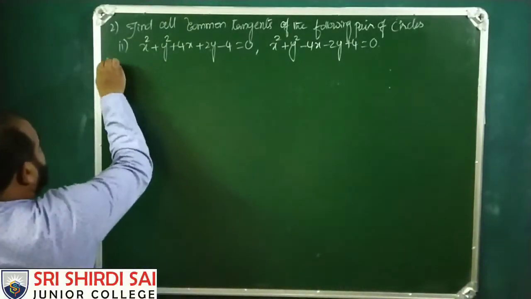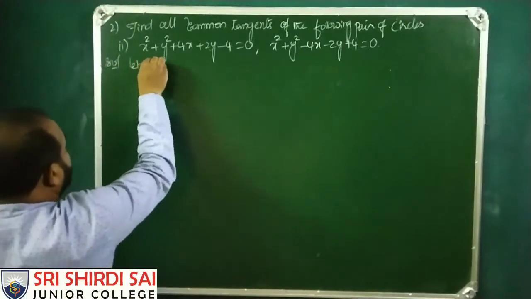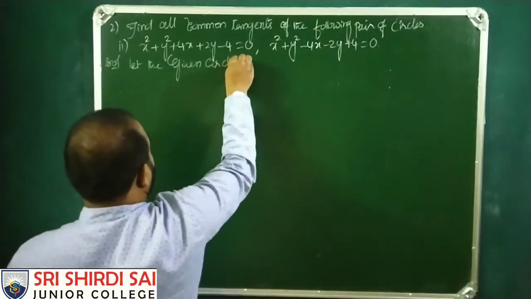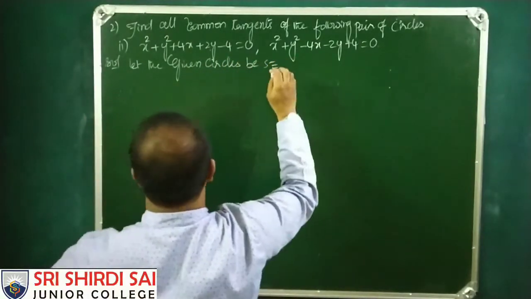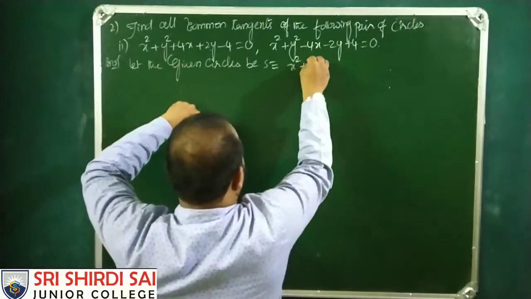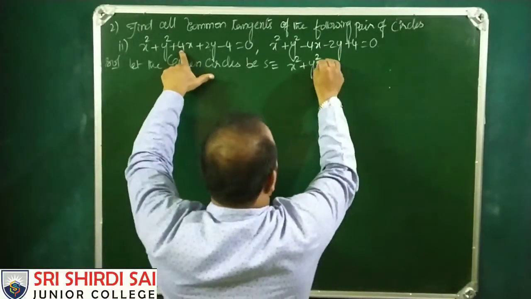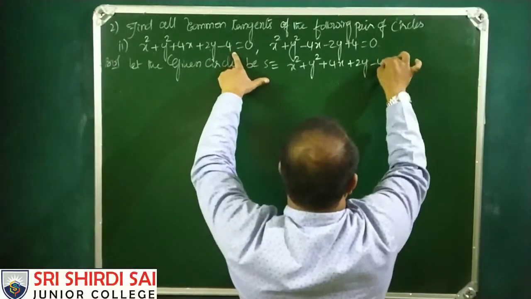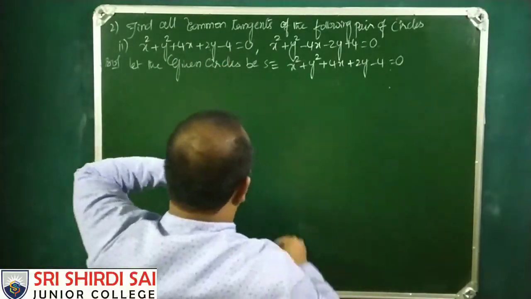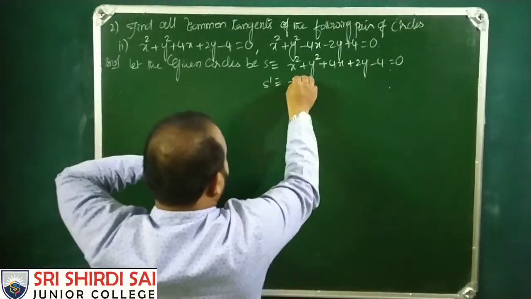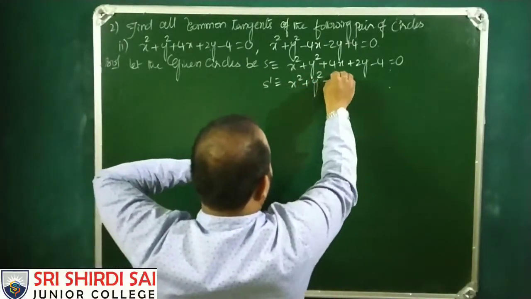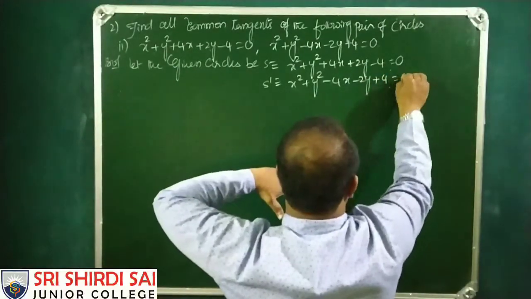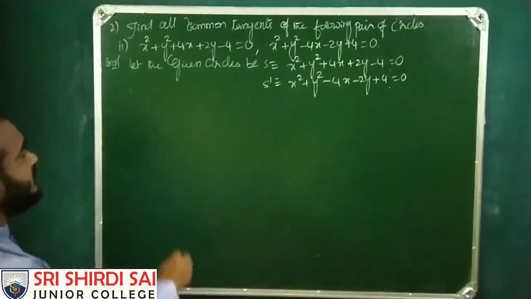Solution: let the given circles be S: x square plus y square plus 4x plus 2y minus 4 equals 0, and S dash: x square plus y square minus 4x minus 2y plus 4 equals 0. So what is the center of the first circle C1?